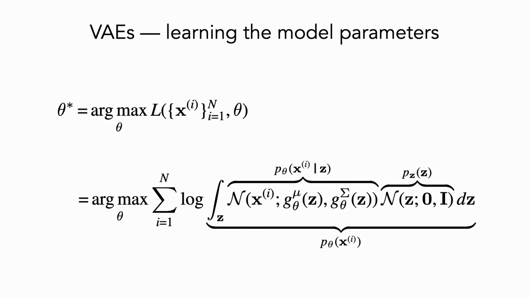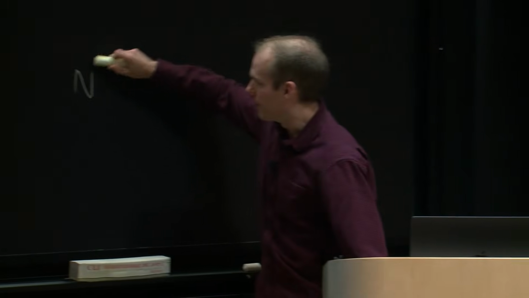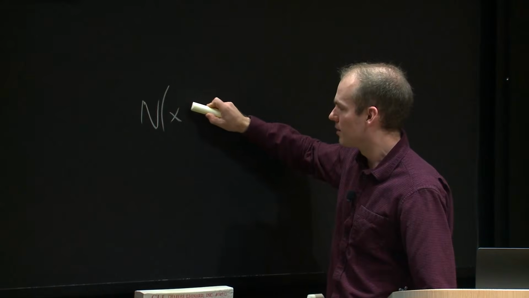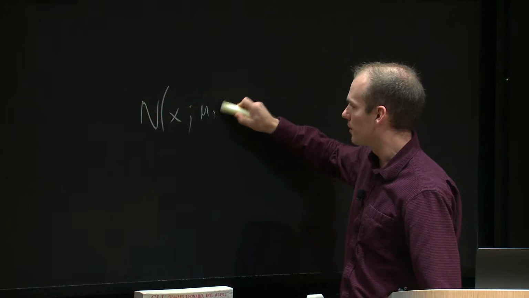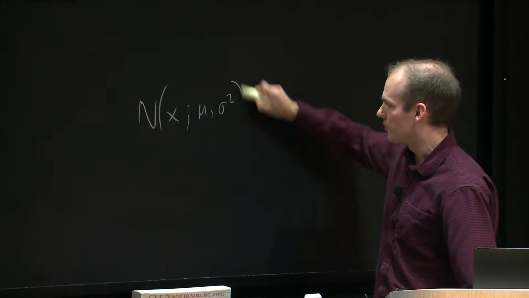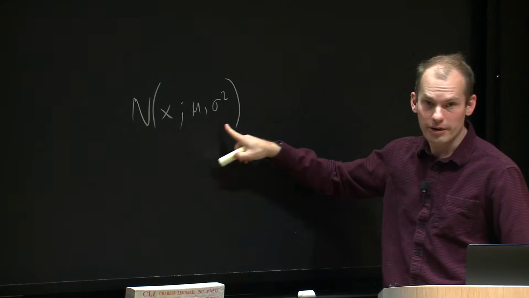So then do you just draw a sample from the normal distribution defined by the parameters that your neural net outputs? You don't have to draw a sample because this has a closed analytical form. What is N(x; mu, sigma squared), with mu as your mean and sigma squared as your variance?